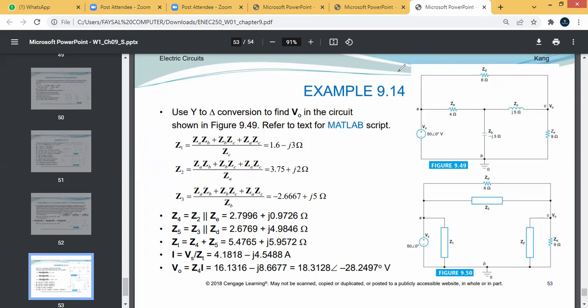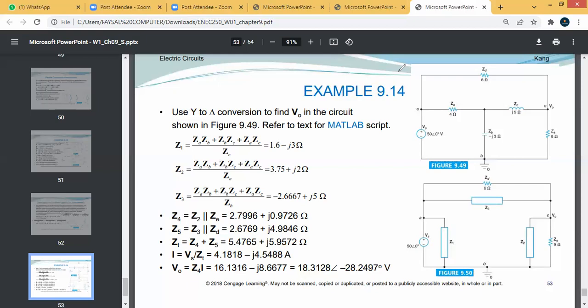As we know that I equals V upon Z, Vs will be my voltage value, which is 50 angle 0, divided by the value of Z. The Z value will be 5.4765 plus j5.9572 ohm.